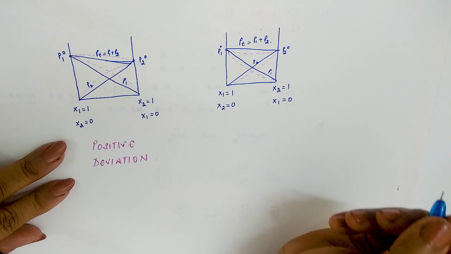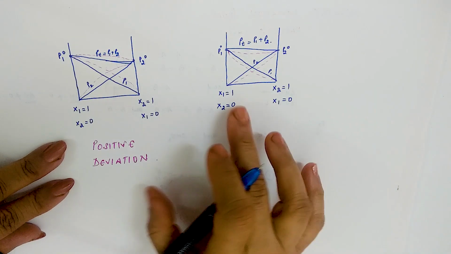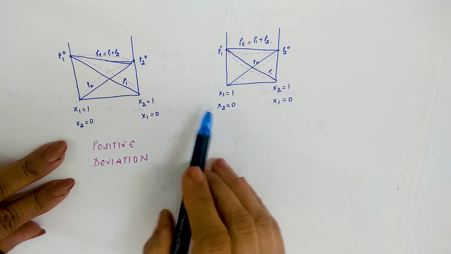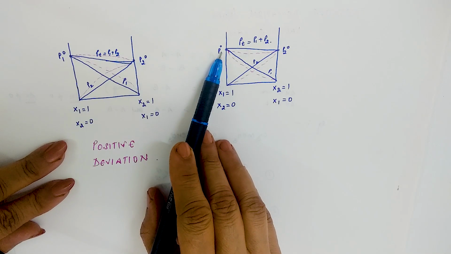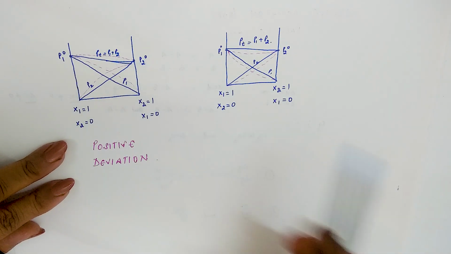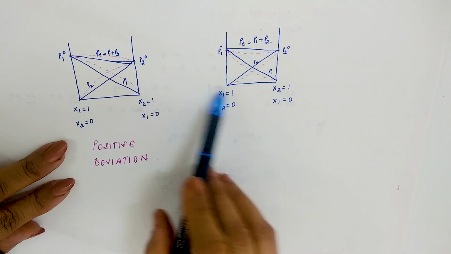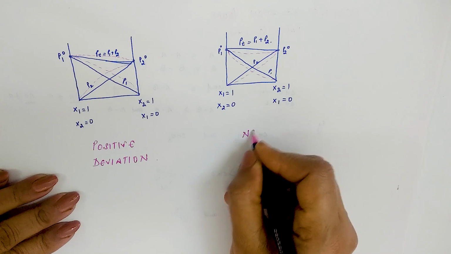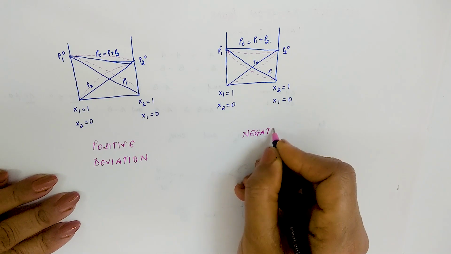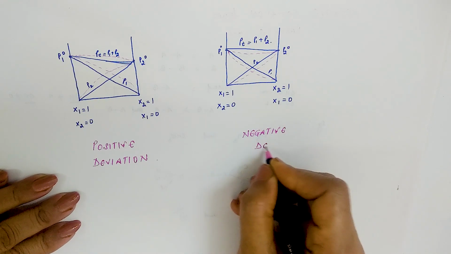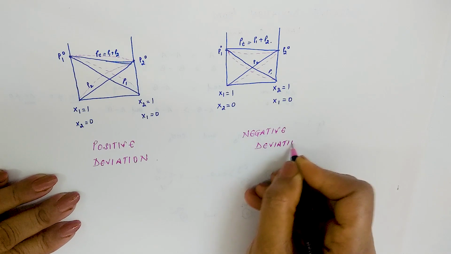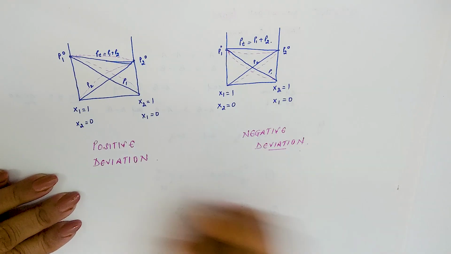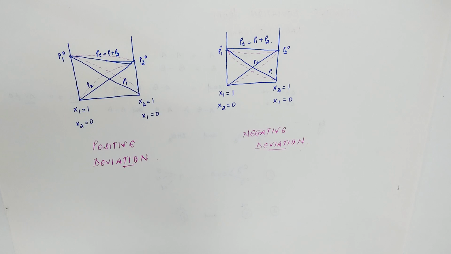So it is clear to you that I am considering here P1 as more volatile. Any point you can take. It's not a problem. So this is the graph for the positive deviation. This is for negative deviation. Hope this whole Raoult's law is very clear to you.